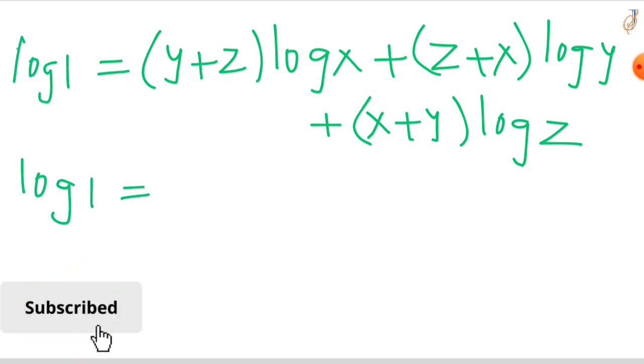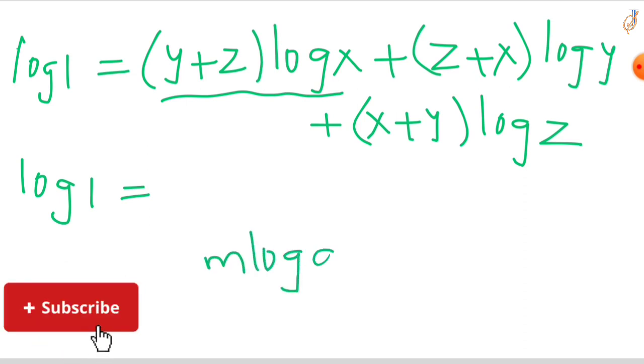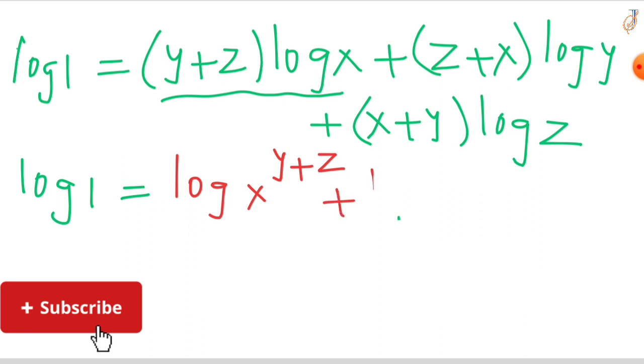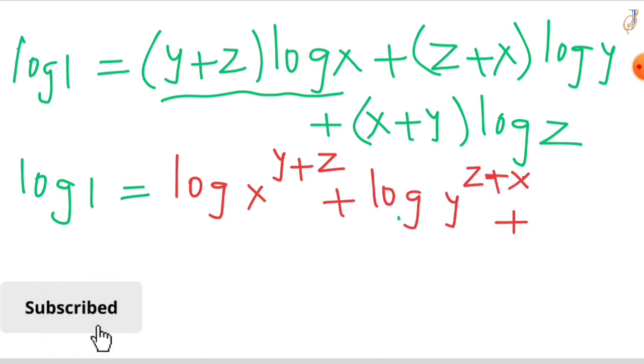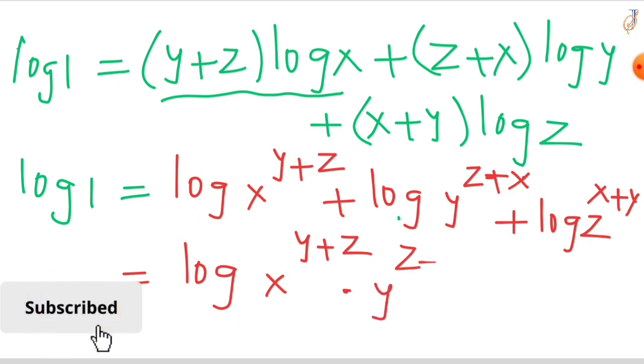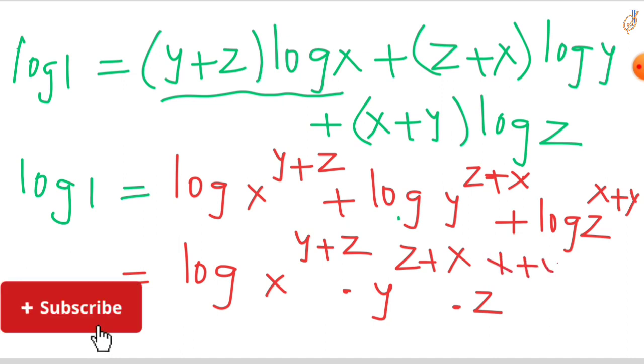Log 1 equals this. Each and every term is in the form of m log a. We can write this as log a to the power m. So then it becomes log x raised to the power of y plus z plus log y raised to the power of z plus x plus log z raised to the power of x plus y.